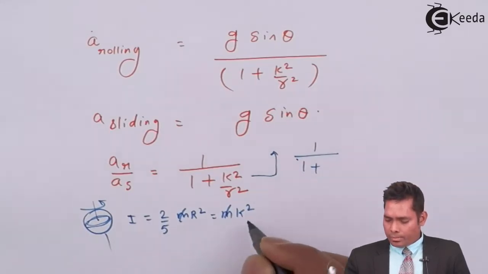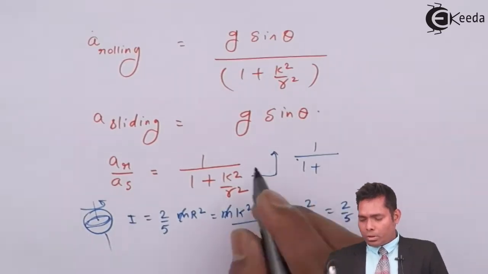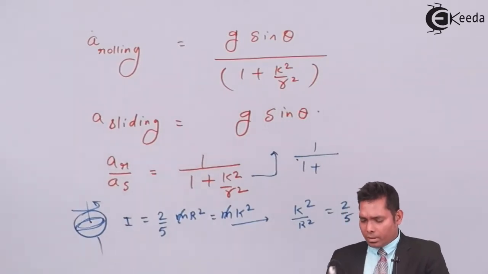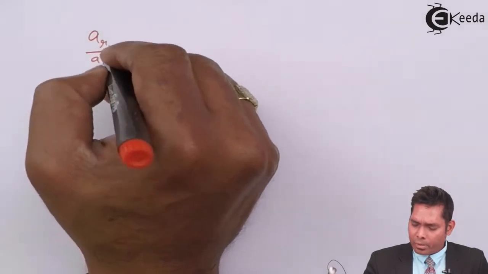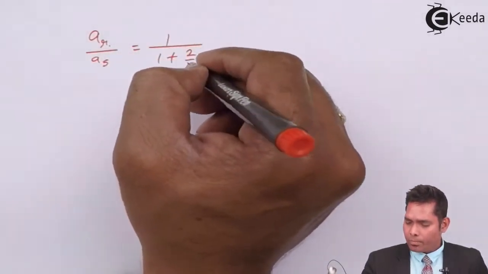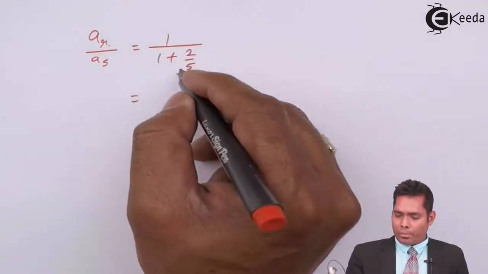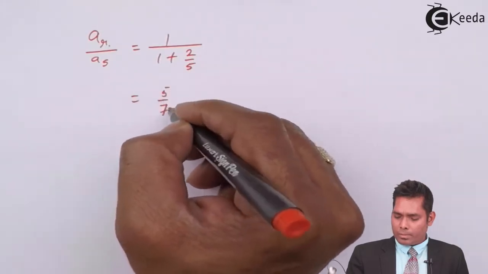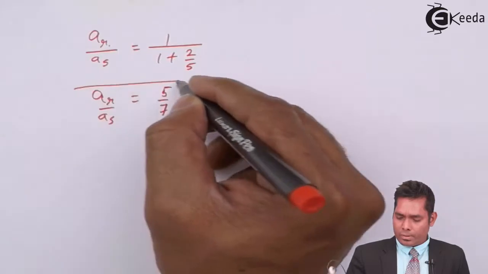I substitute this value here and we get the result. A rolling divided by a sliding equals 1 divided by 1 plus 2 by 5. Putting 5 plus 2 is 7, the 5 goes off, so it is 5 over 7. A rolling by a sliding is 5 over 7.